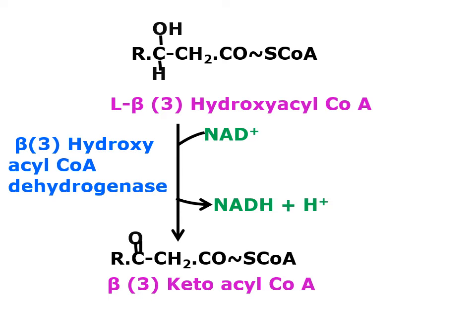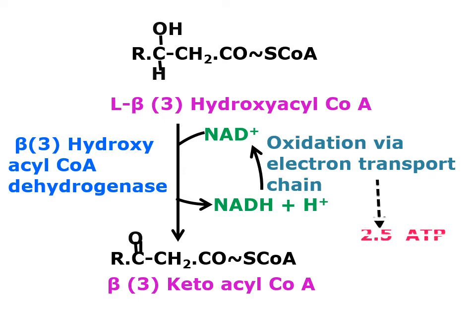Hydrogen. So the enzyme is beta hydroxy acyl CoA dehydrogenase. Now this NADH plus H plus will enter the electron transport chain and give out 2.5 ATP. Okay, is that clear? So initially FADH2 gave you 1.5. Here it is 2.5. Totally 4 ATPs are given here.